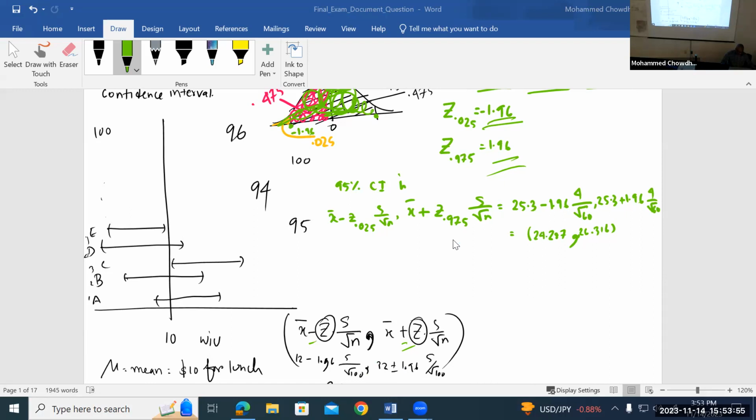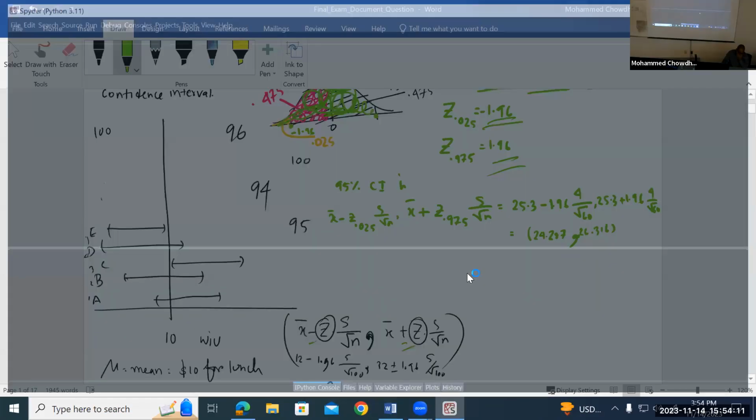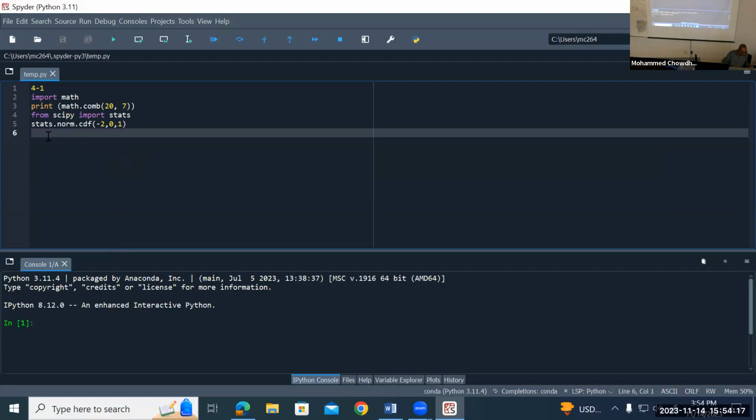Tell me what code you wrote last time for finding Z values for the standard normal distribution. You remember we wrote stats norm CDF, right?